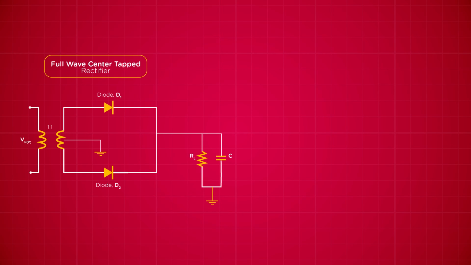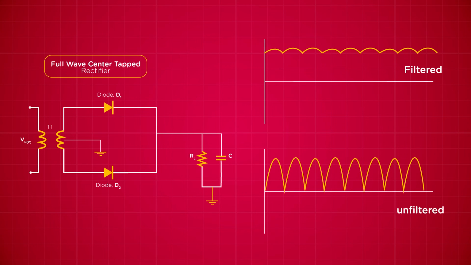Now, if you didn't know the answer to the question I asked earlier on, this is where you find out. To fix the ripple, we add a capacitor in parallel with the load. This capacitor, sometimes referred to as a smoothing capacitor, converts the rippled output of the rectifier into a smoother DC output. The capacitor is able to help us achieve this due to its ability to store charges when the rectified signal is rising and maintain the same voltage level across the load when the signal is falling.